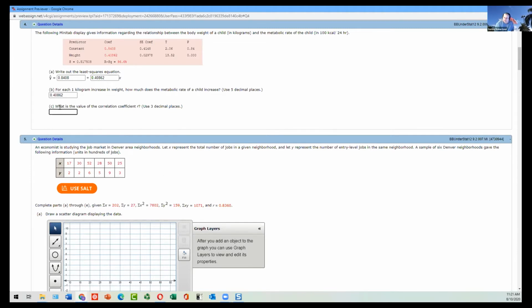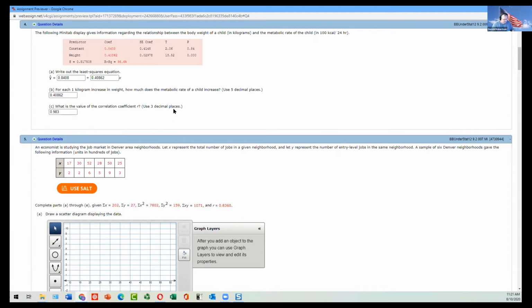Isn't that what it is as a decimal? If R squared is 0.966, what do I do to R squared to get R? Square root? Yeah, so the square root of 0.966 comes out to be 0.983 if you do it to those decimal places.